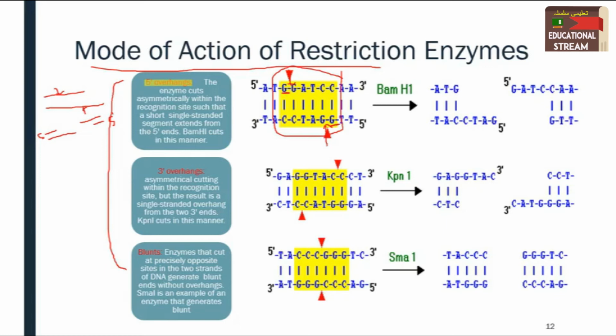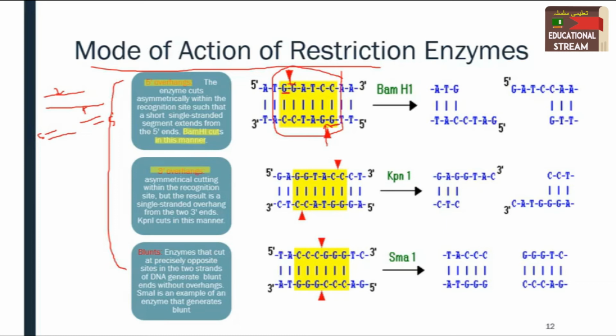Similar to this 5' overhang, 3' overhangs are also produced by some enzymes. An example of 5' overhang is BamHI. That BamHI will cut in such a way that it will produce the 5' overhang, while the 3' overhangs are produced when the cutting occurs in such a way that the single-stranded overhang from the two 3' ends are shorter.